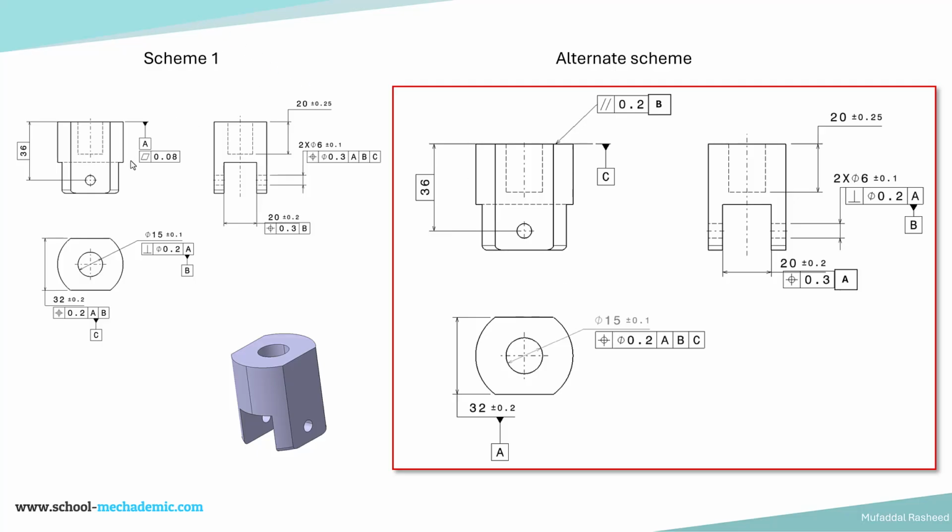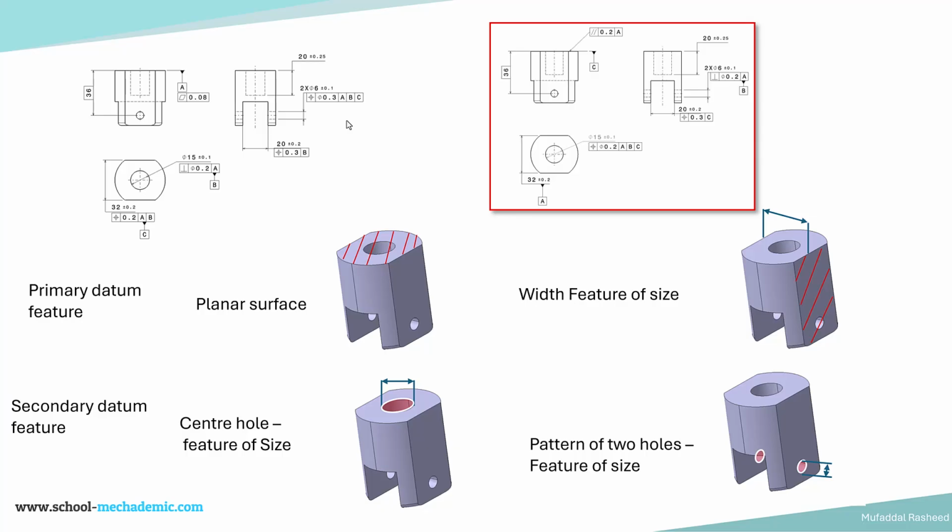In scheme 1, this hole was a secondary datum feature, but in scheme 2, which is the alternate scheme, this hole is no longer a datum feature, whereas it is being controlled with respect to other datum features in the component. So we can understand the differences between the two schemes by understanding the primary and secondary datum features which have been selected in both the cases. So in the first case, in scheme 1, the planar surface is selected as the primary datum feature.